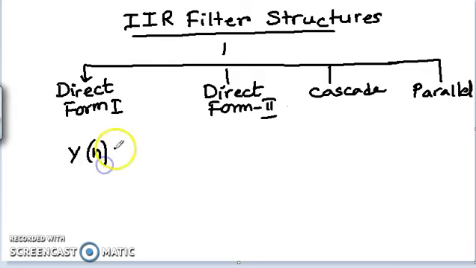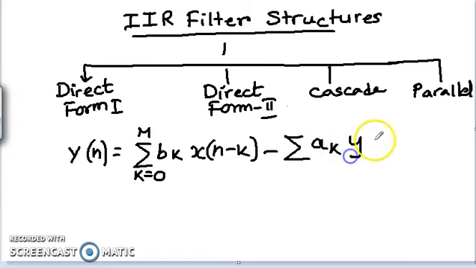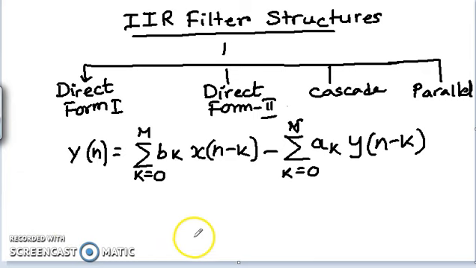Suppose y(n) is the present output, and we can express it as the summation of b_k x(n minus k), where k is ranging from 0 to M, minus the summation of a_k y(n minus k), where k is ranging from 1 to N. So this is the difference equation, and we know that for this type of IIR filter, the difference equation will always be recursive.